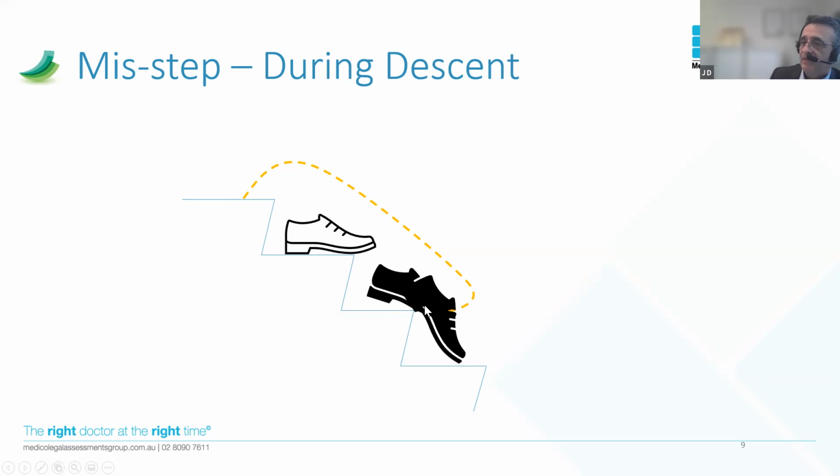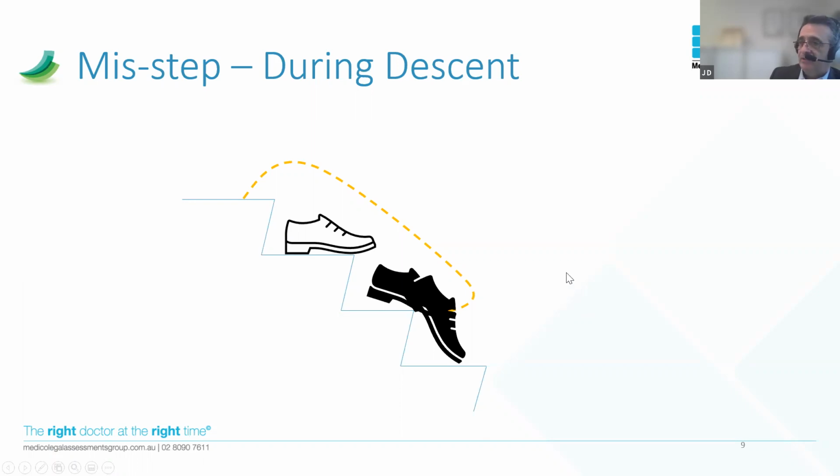And what happens is their foot then slides down the front of the nosing of the step. Many people will describe that they have slipped on the step because that is what they feel, that their foot has slipped. However, the slip has occurred due to an overstep, not because of an issue with the traction of the step.